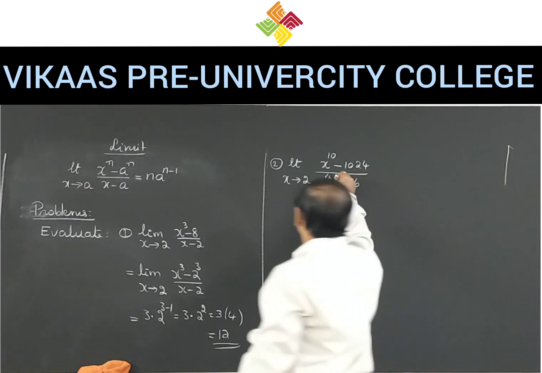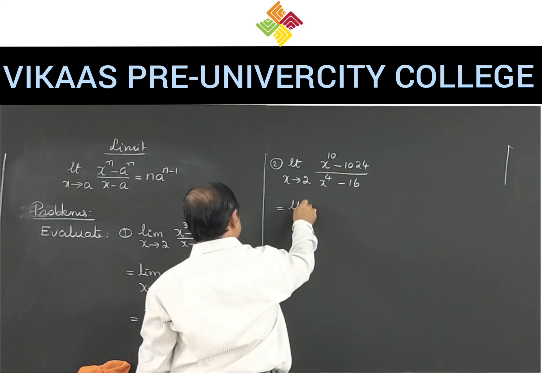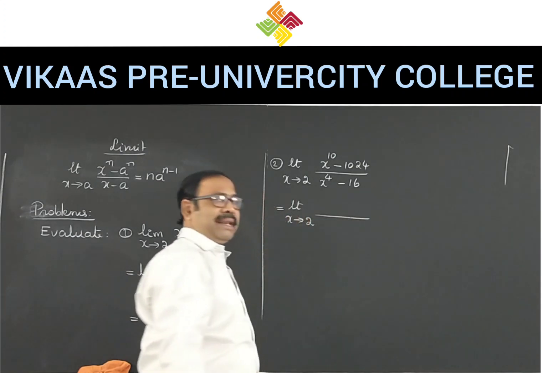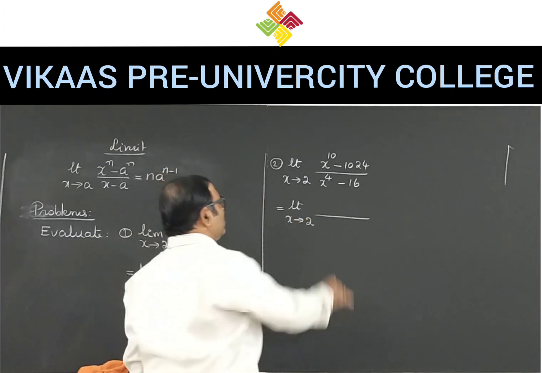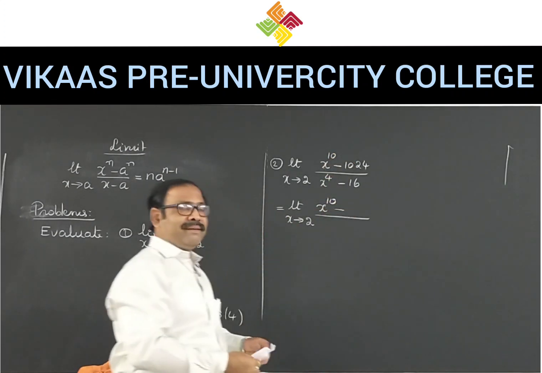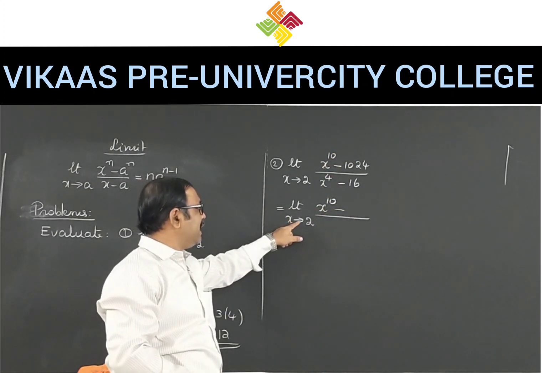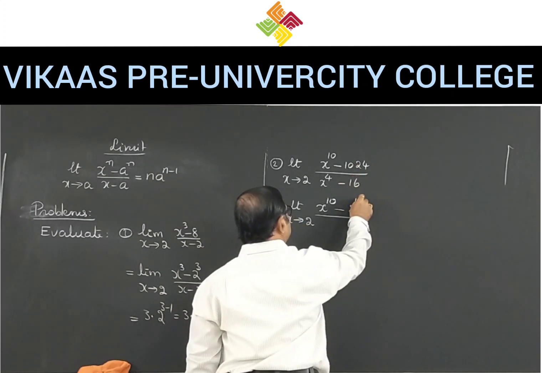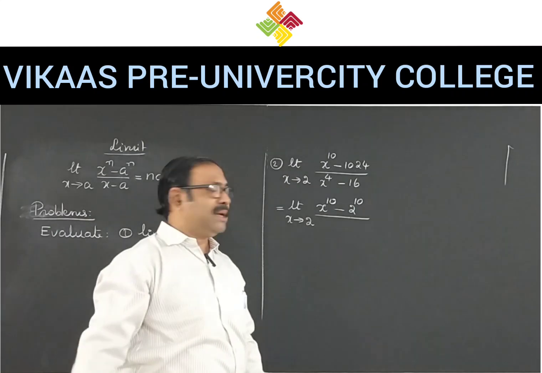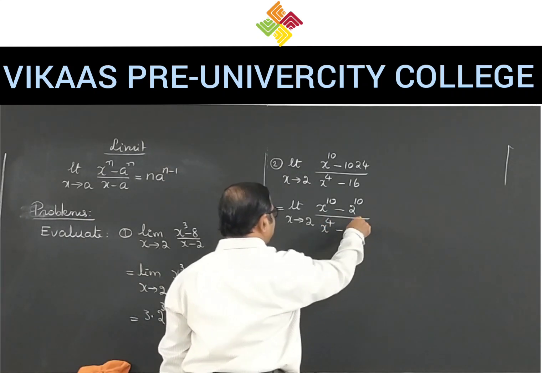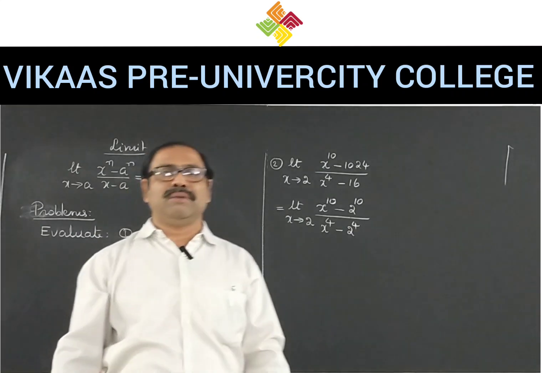Now, we can rewrite this problem. Limit x tending to 2. You can write this as x power 10 minus 2 power 10 divided by x power 4 minus 2 power 4.